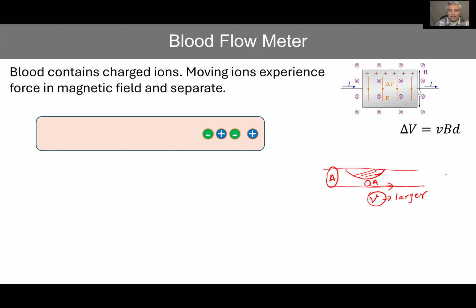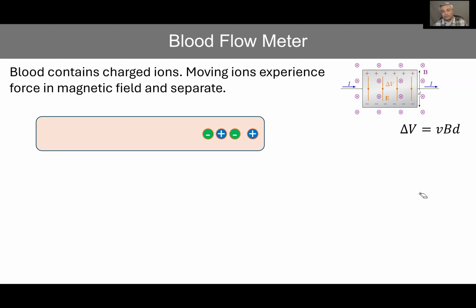Now let's suppose you are having a problem in your hand, leg, or part of your body, and the doctor thinks there may be a plaque. What they can do is confirm that by applying a magnetic field.